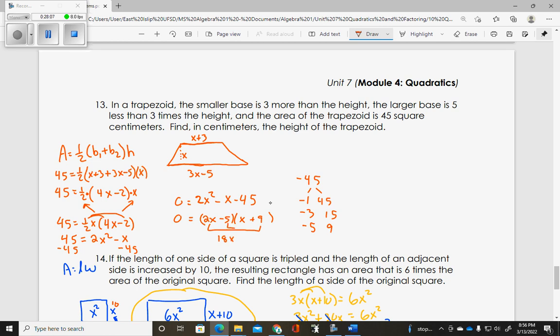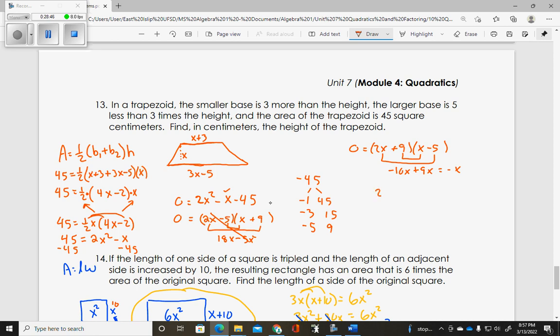I get 18x minus 5x, which does not give me a 1x, so it's not that. What if I switch the order? And I check my outers. I get a negative 10x. I check my inners. Positive 9x, which is a negative x. And that's what this says.